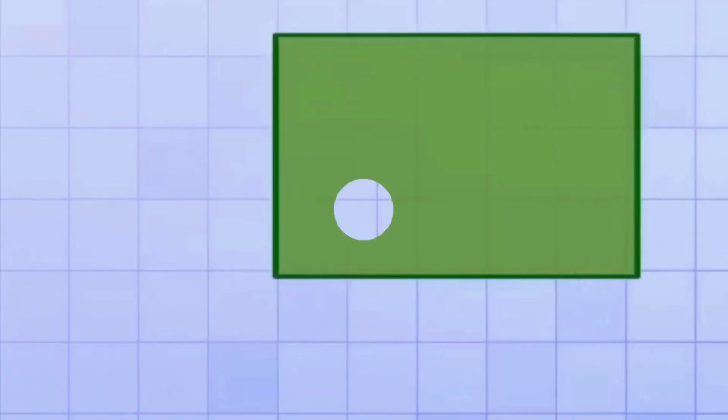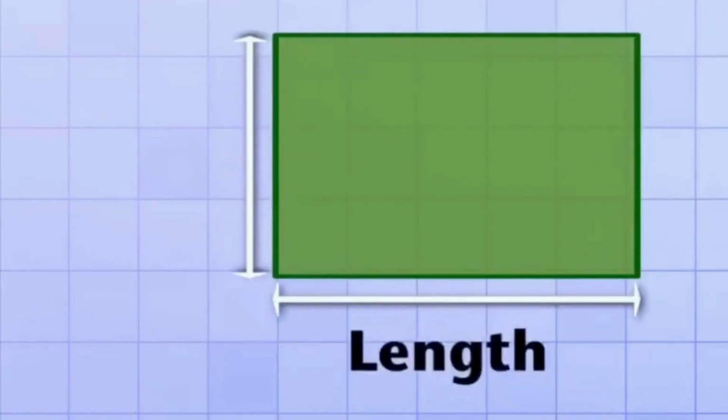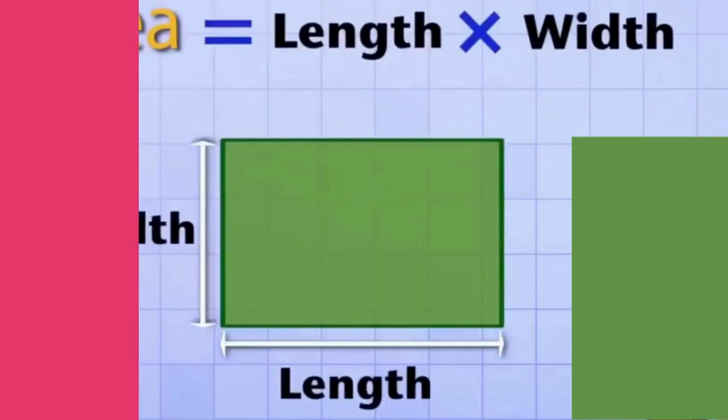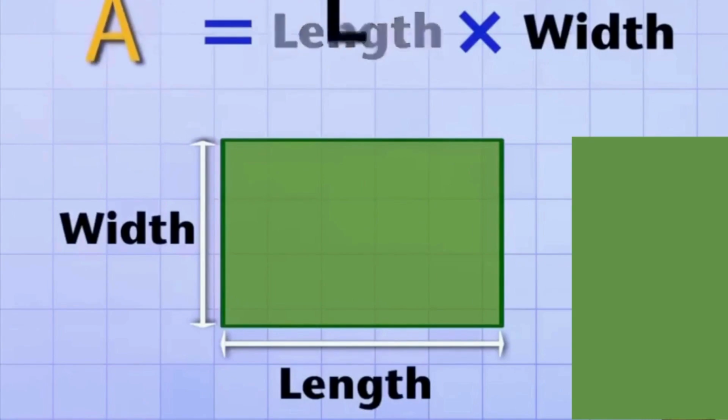We're going to learn the formulas for finding the areas of squares, rectangles, and triangles. To find the area of a rectangle, we need to know its length and its breadth, also called width. Once the length and width are known, we can calculate the area by multiplying length by width.